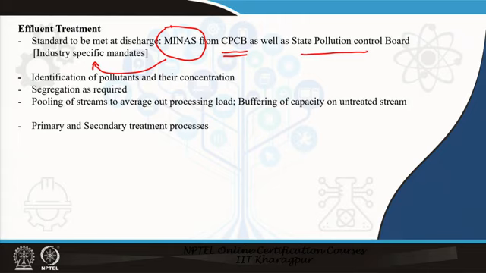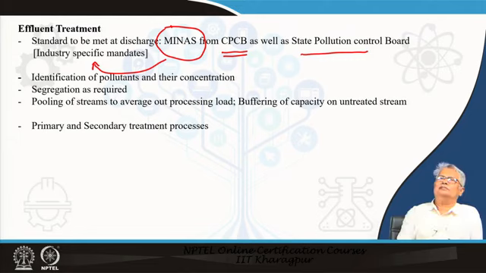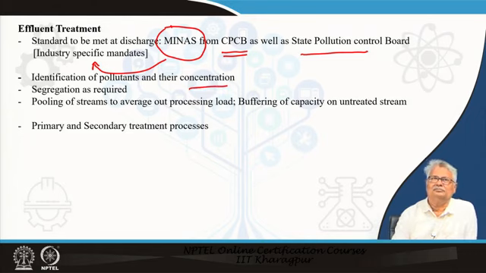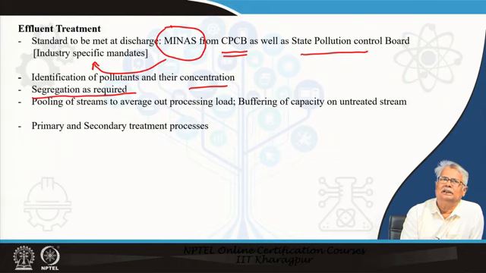Now, we talk about the treatment in just 2 lines. In order to decide on the effluent treatment, you have to identify the pollutants in your process and their concentration. You may have to segregate the streams if required.